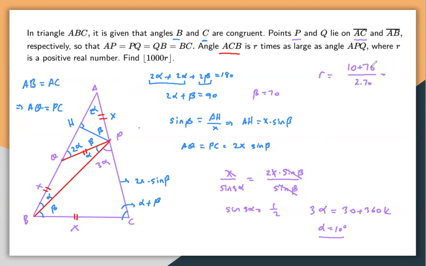If I simplify, that will be 80 over 140, cancel the zeros, so you get 8 over 14, which is 4 over 7. So this is R. I need to multiply this by 1,000 and take the floor. If you do so, you will get 571, and that is my answer. I hope that was clear.